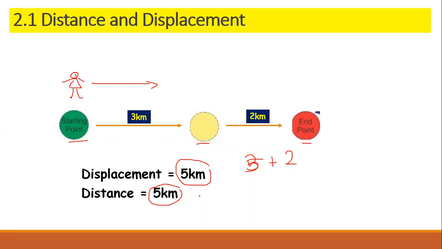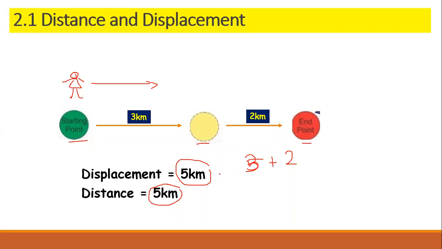In distance, we know that it has only a magnitude. But displacement has a magnitude, and together with that, it has what? Direction? Yeah, it has a direction.